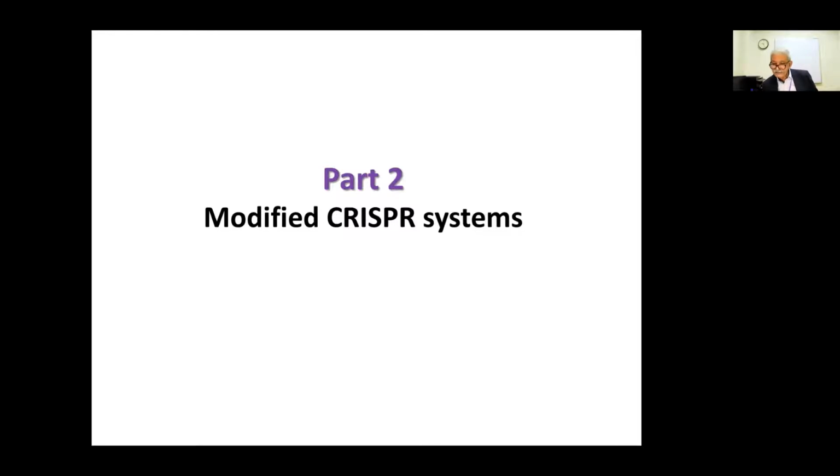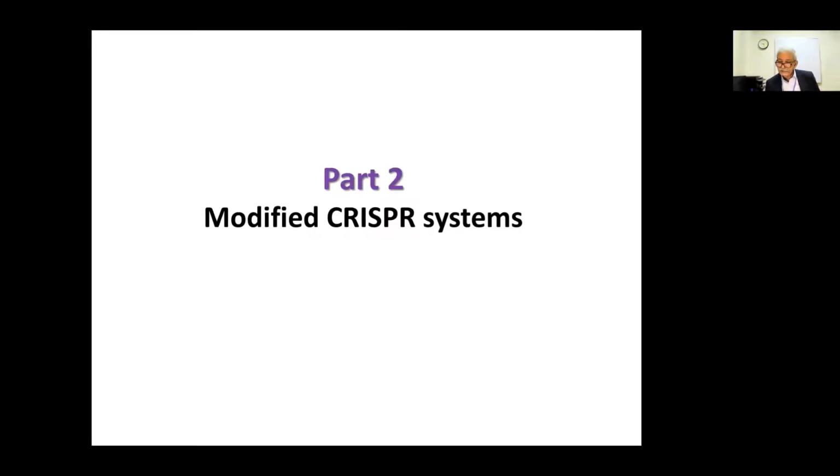It's a 3 component system, but Jinek made it 2 component, and it generated an ease for us: we just need to design a protospacer, put it upstream of the pre-designed CRISPR and tracer region, clone it under a promoter, and that's all. Our gRNA will be ready from there.